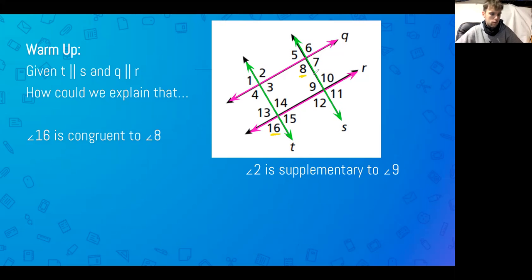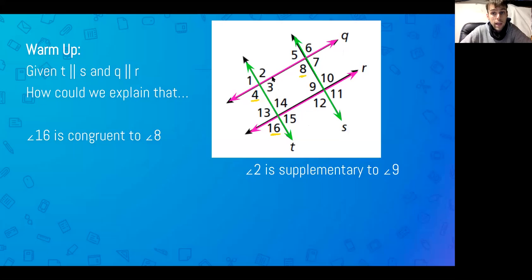So we can see that angle 16, and let's choose one here, angle 4, are both on these parallel lines, Q and R, and they have the same transversal, line T. And since those angles are both on parallel lines and share a transversal, we can apply the corresponding angles postulate.